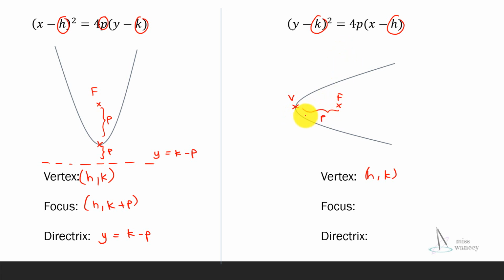So that means I should be adding the p to the x. So this one will be (h plus p, k). So that is our focus. For the directrix line, again the distance over here is p. So this is x equal to h minus p.